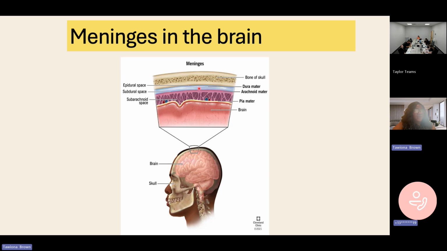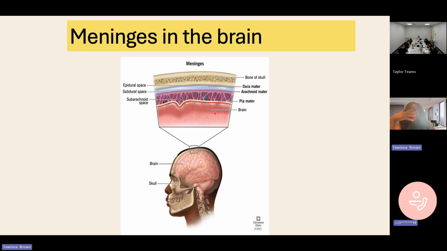Then you have your arachnoid mater, which accounts for all of these little striations here. Those are called trabeculae. Then you also see, beneath it, in the subarachnoid space, all of those little veins and blood vessels running through that layer. And then you have that nice, delicate pia mater that's directly connected to your brain tissue.